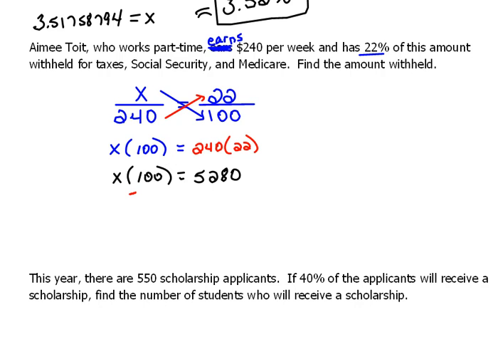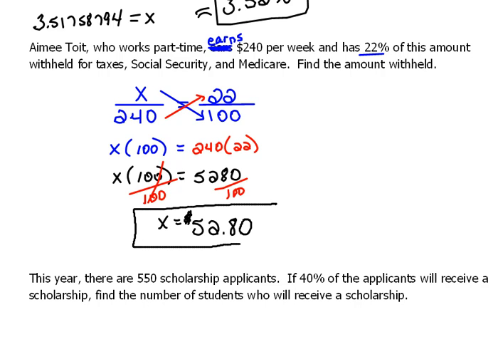So the opposite of multiplying by 100 would be to divide by 100. So now we have x equals 5280 divided by 100 would be 52.8. Now remember, we're talking about money here, the amount withheld. So we really need to talk about it in terms of dollars and cents. So this would be $52.80 that they withhold from her pay.